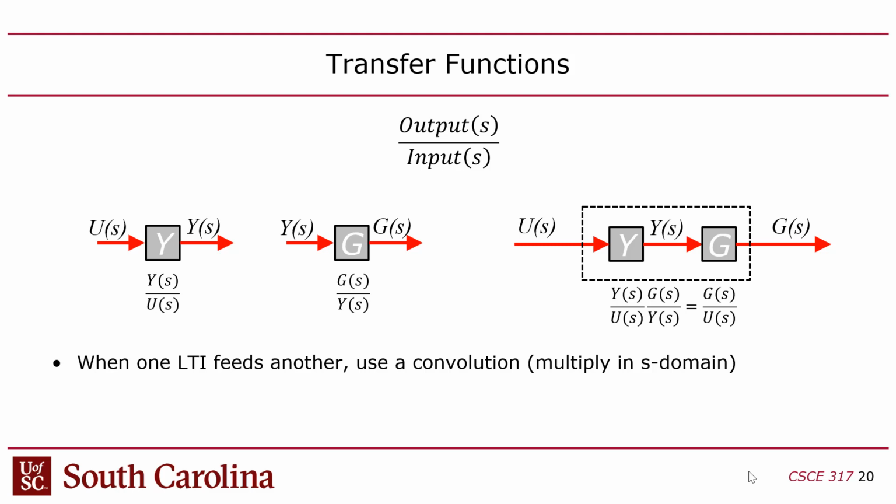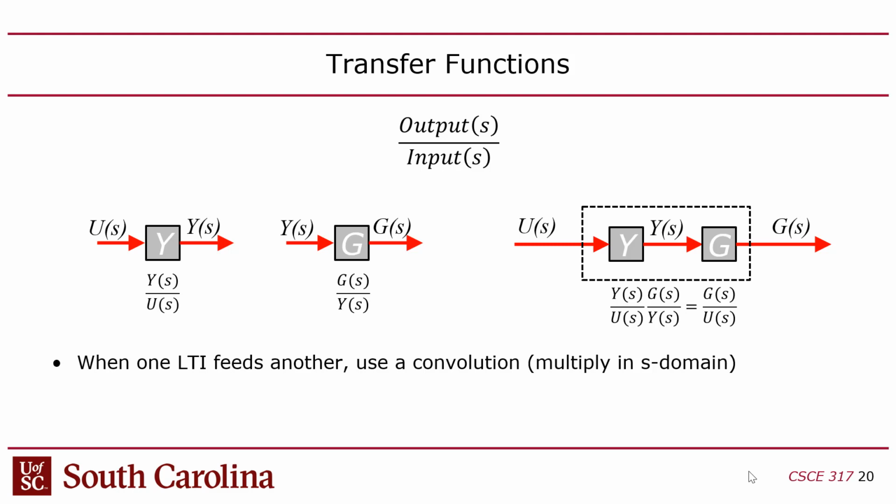Now the notation gets a little weird, but in this case I've got this block labeled Y, and this one's G. So this is Y of S over U of S, which is the input, and then this guy is G of S over Y of S, whose input is Y of S.